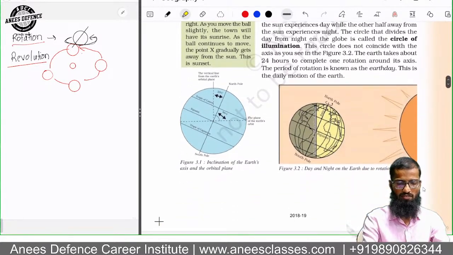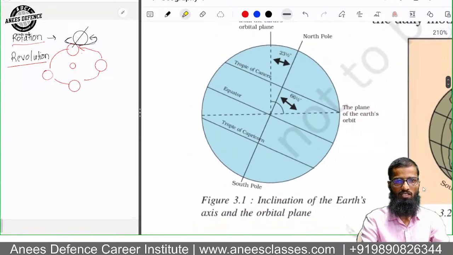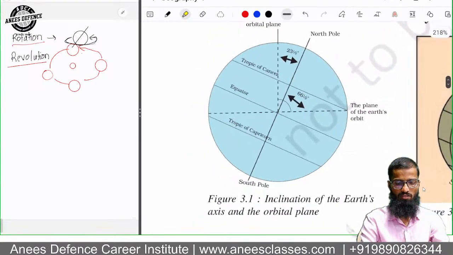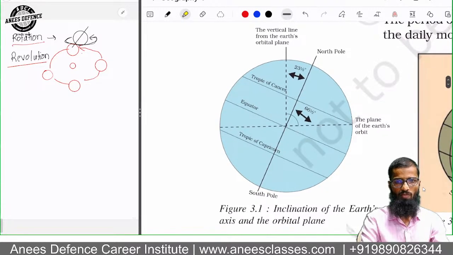If you look at this diagram carefully, you will get an idea about the axis.